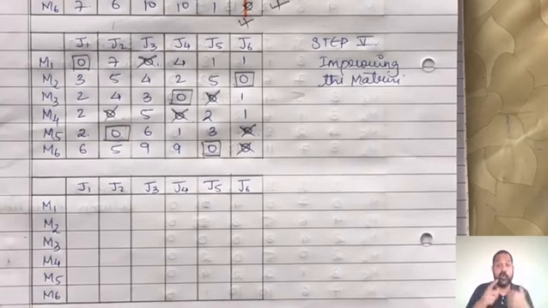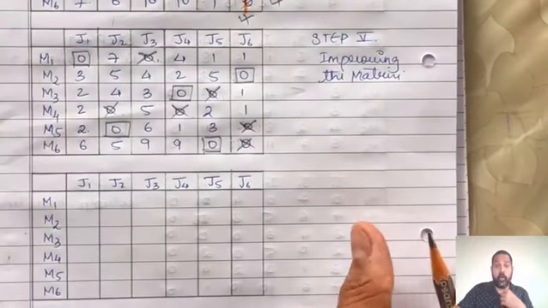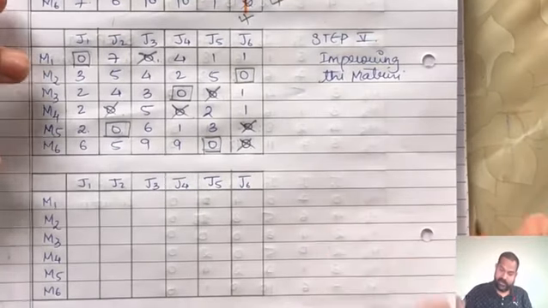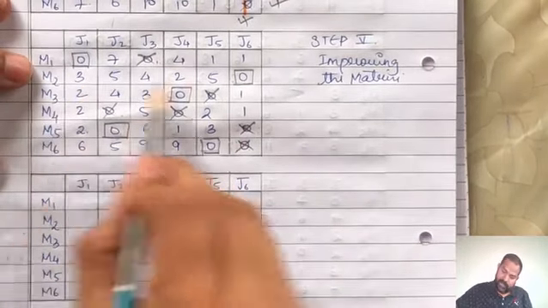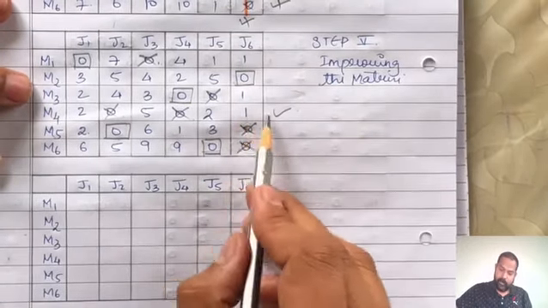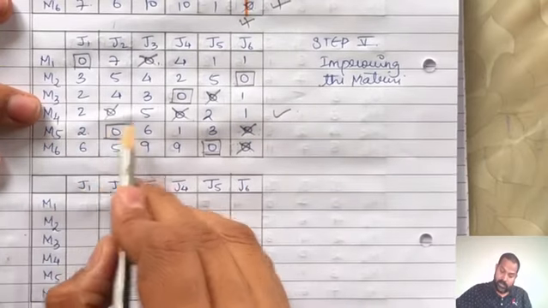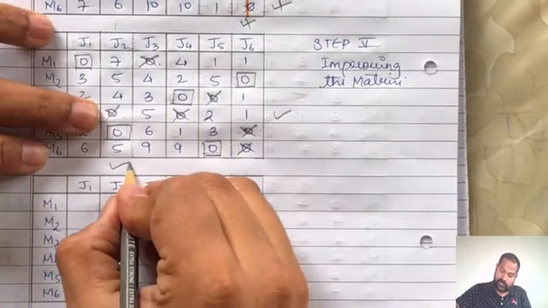So you notice we have to draw lines twice. Let's continue then. Mark a row that does not have an assignment. In the marked row, mark a column that has a zero. So in this row there is a zero, so I will mark this column.